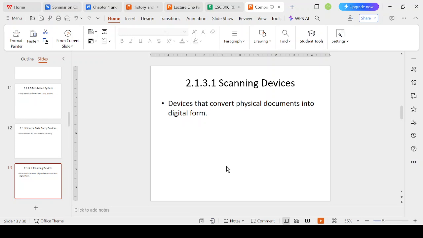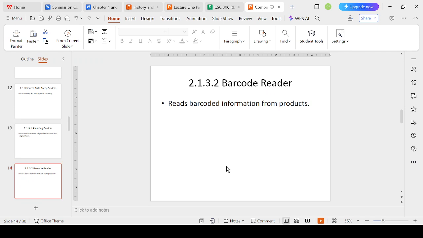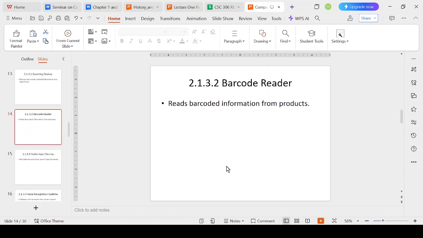You have your scanner these days, you can scan the entire book, which will be converted into a full document that you don't need to start typing afresh. Barcode reader, it reads barcoded information from products. You have seen such in supermarkets.